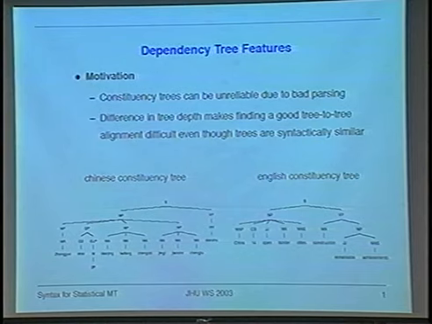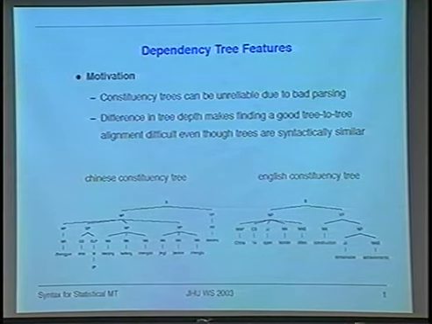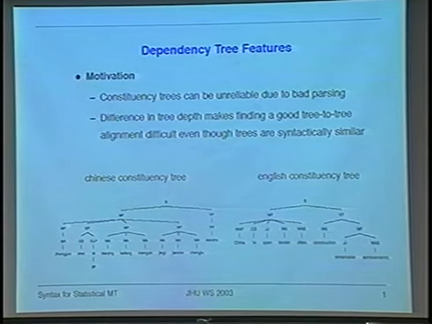Another problem was that a difference in tree depth could make finding a good tree-to-tree alignment difficult, even though two sentences can be syntactically similar. If you look on the left of each sentence, we have this cluster of nouns, and they're actually very similar: China, 14 open border cities, and translates basically to what you see here.